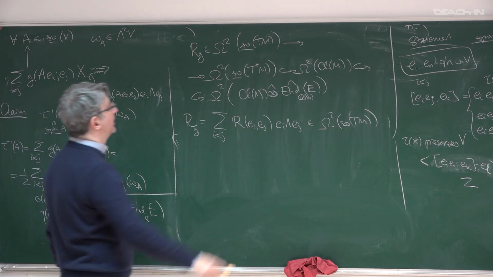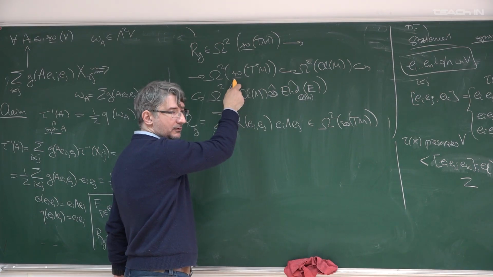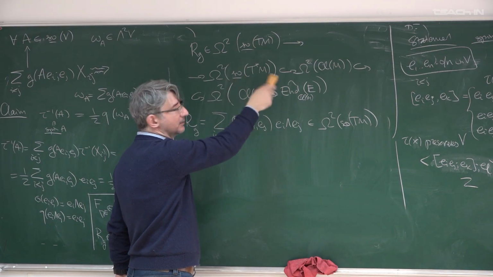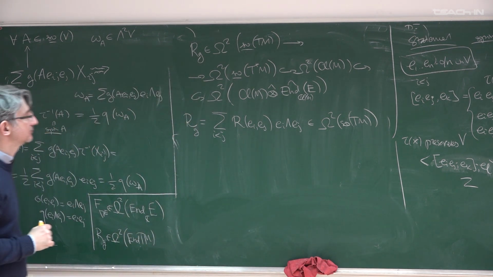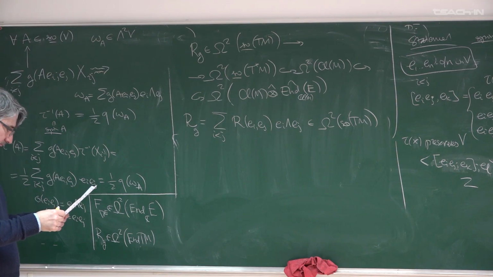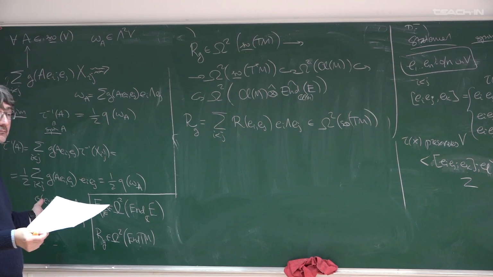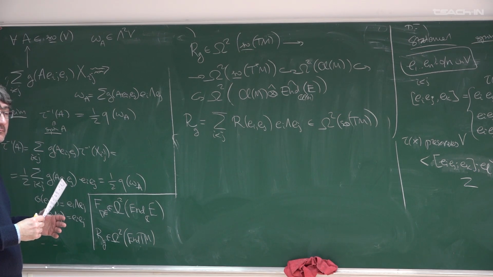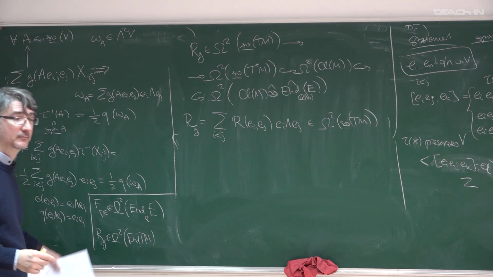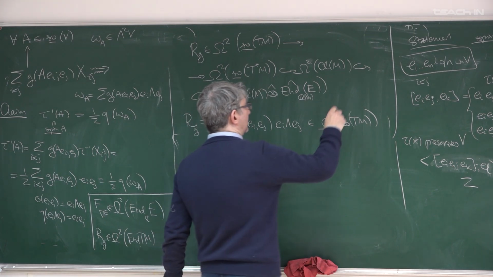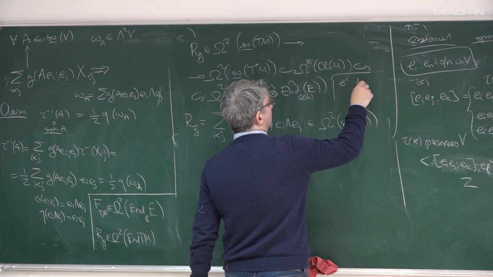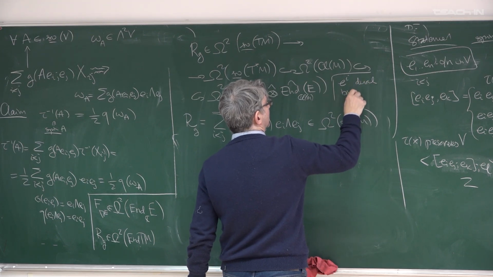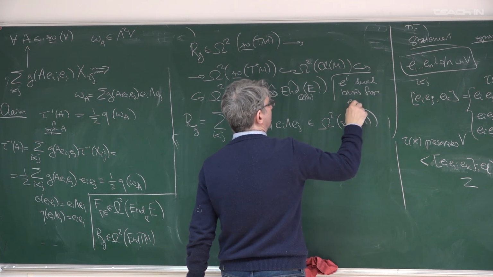How to do it? First of all, I need to pass to the metric dual and then take the embedding. So what are dual to these vectors? Metric dual. Yes, so denote e^i the dual basis for e_i.